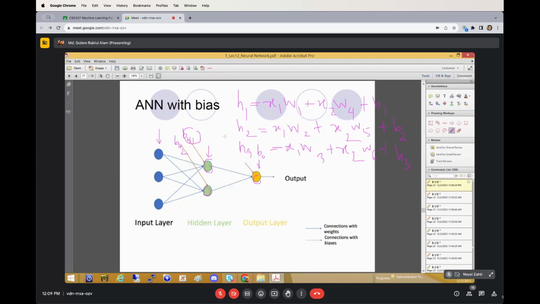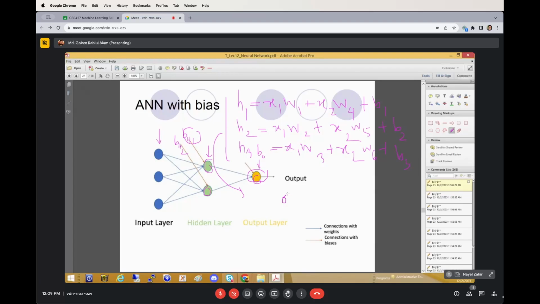Similarly for the output layer, at first we have to find the sigmoid of h1, sigmoid of h2, and sigmoid of h3.